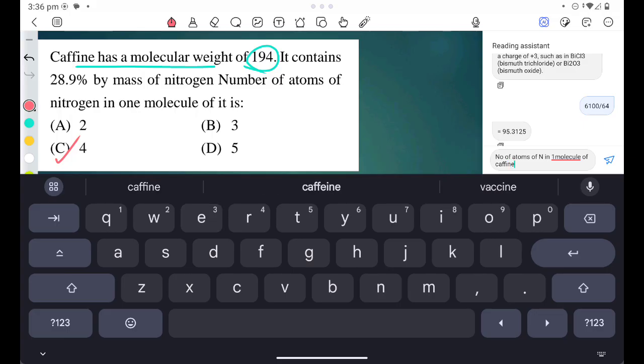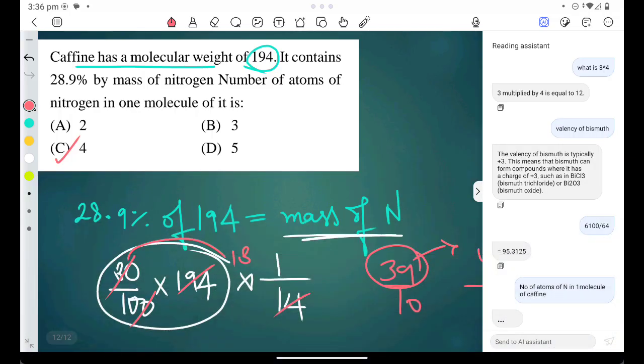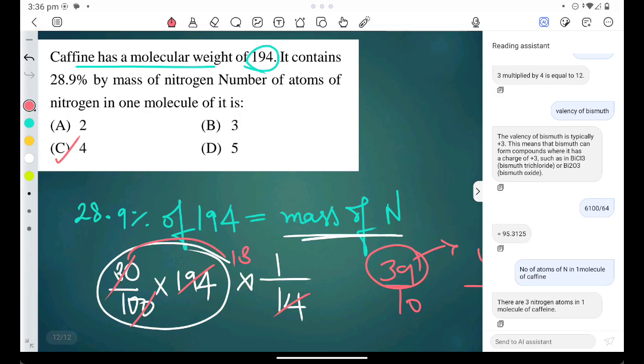There are 3 nitrogen atoms in one molecule of caffeine. Then am I making some mistake? But as per my calculation, the answer is going to be 4.